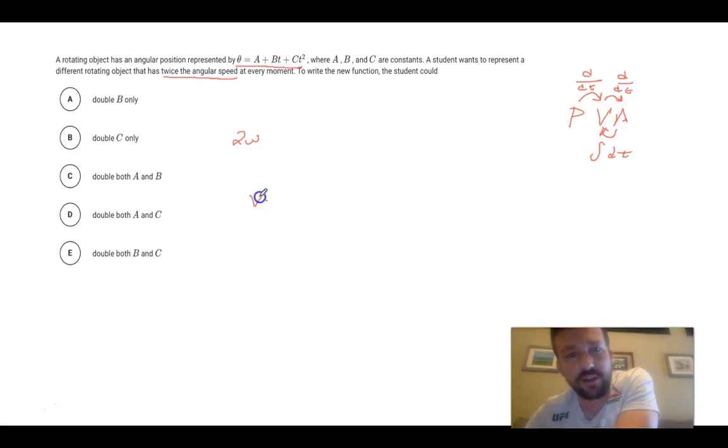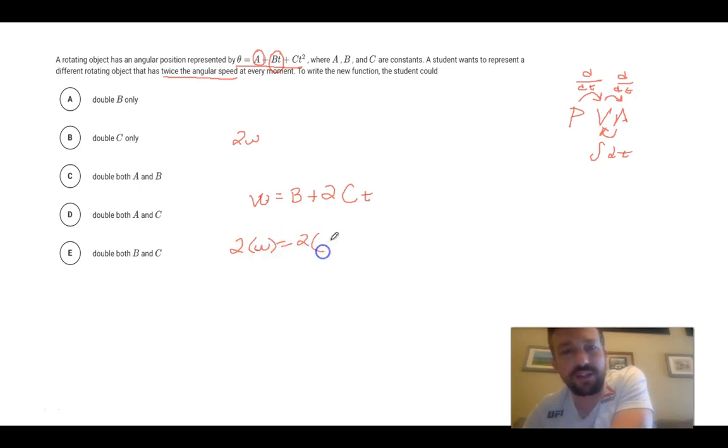So angular velocity would be equal to, okay, the derivative of a constant is nothing. The derivative of this, you bring down the exponent, multiply with b, it'd just be b. Plus, the derivative of this would be 2ct. Okay, well if I want to double the velocity, so 2 times omega, that is going to be equal to 2 times this whole thing.